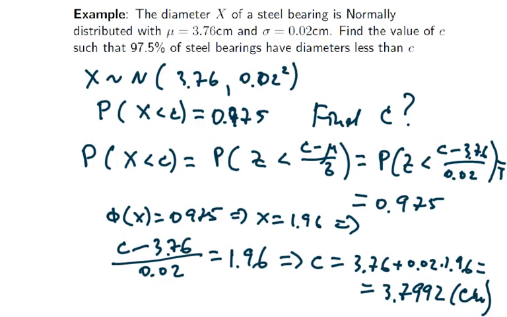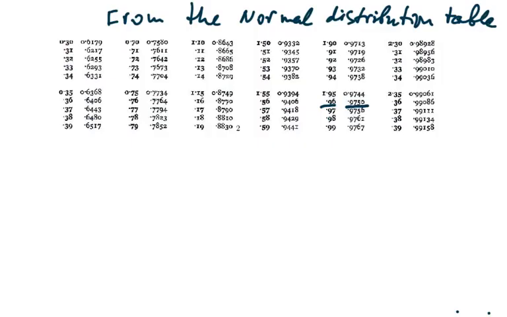This value 1.96 is a very important value, which is worth remembering. What does it mean? It means that the probability that Z, which has standard normal distribution, is less than 1.96 equals 0.975.